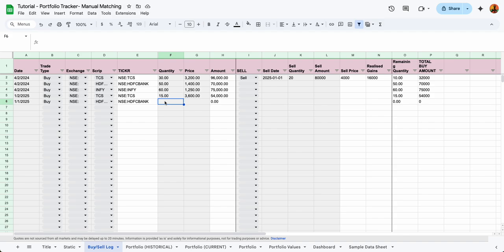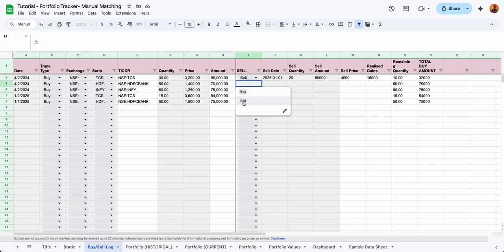Let's say I buy another 50 quantity of HDFC Bank at 1500 rupees in the beginning of January. And now let's say I want to sell 60 quantities of HDFC Bank. What I have to do in this sheet is come and manually match those 60 quantities according to the first in, first out method, or the FIFO method that is commonly used in India.